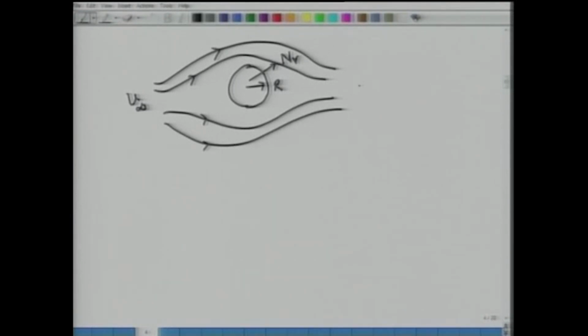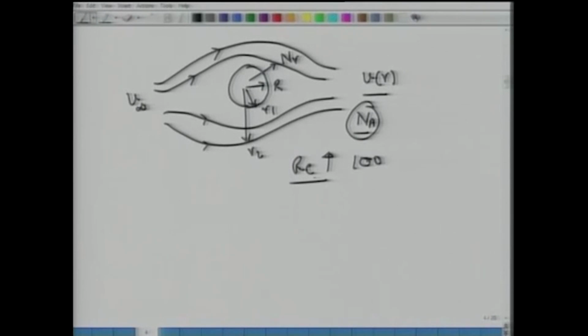Now if the velocity profile is known to us, one can predict this diffusion flux of A over a length, say between r1 and r2. If the velocity profile is well defined, one can calculate this N_A starting from the Navier-Stokes equation in spherical coordinates, etc. The problem comes when we have a very high Reynolds number, say 100, based on the particle size.